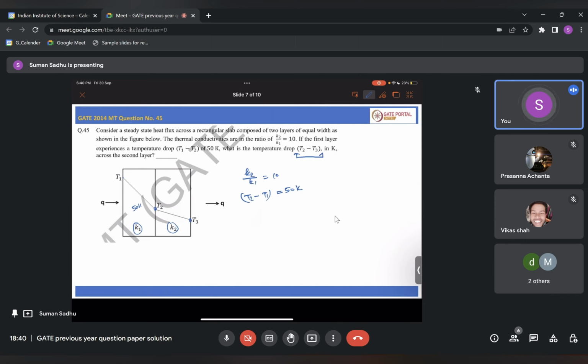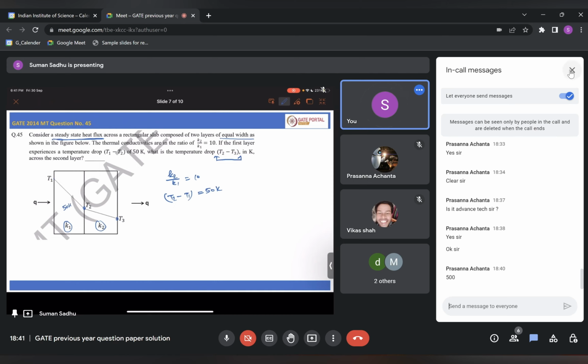Just concentrate on a few terms. One is steady state heat flux. This is an important term. And equal width as shown in the figure. Okay, the same 500. I will calculate and then I will see. We will see if it is 500 or else.